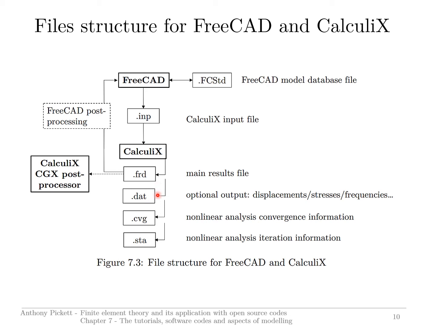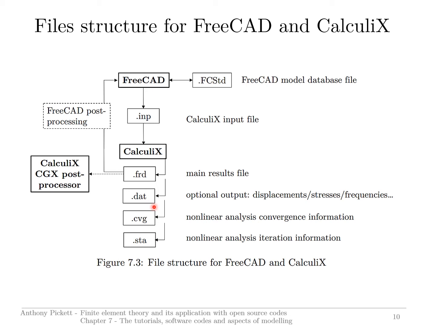For example, the .dat file contains, if we're doing a frequency analysis or a buckling analysis, information on the eigenmodes. This file is in ASCII format, so we can edit it.